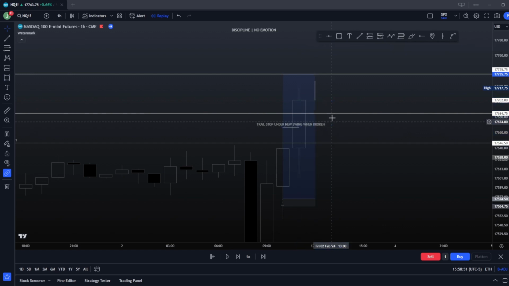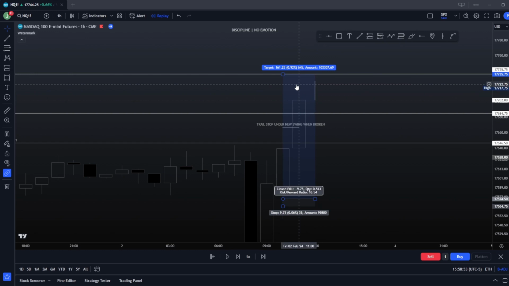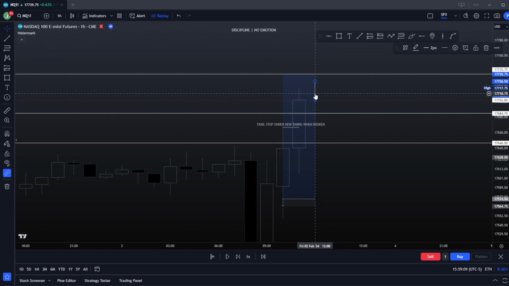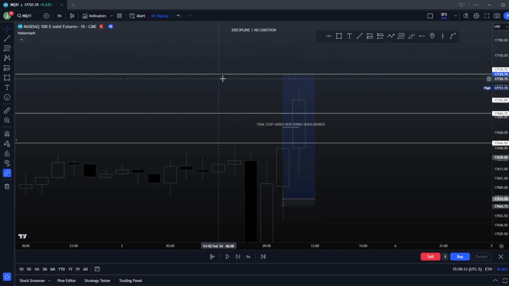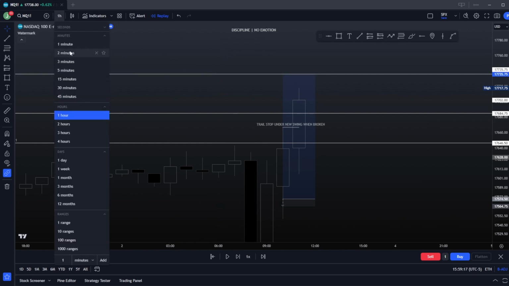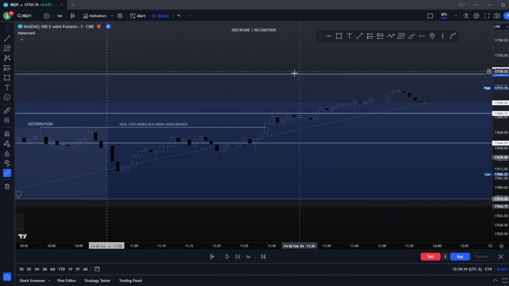I want to see a pair of wicks. In my head and in my trading plan, I want to see us push up in the first 15 minutes of this next hourly candle. That's what I'm thinking. And hopefully, just hopefully, we can knock out that TP3. But it's never a guarantee. So we'll see what price does.